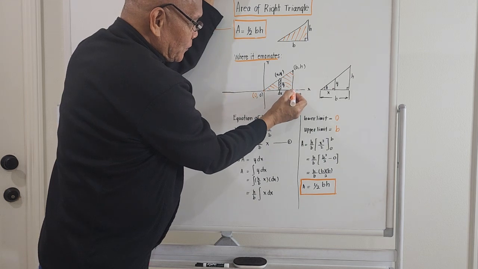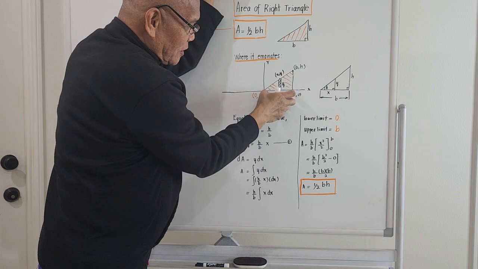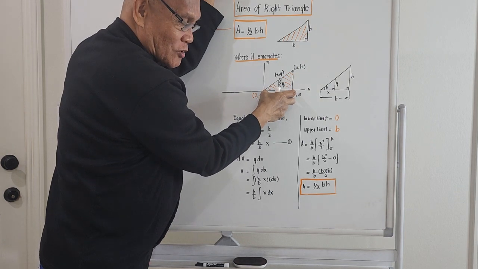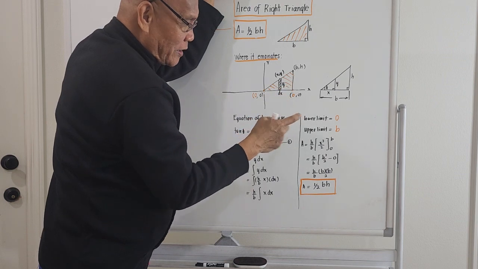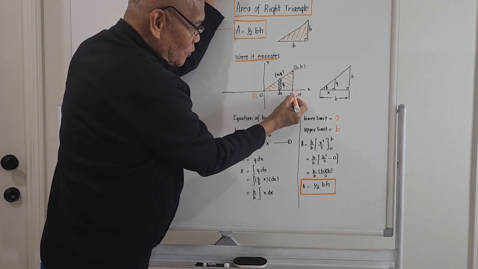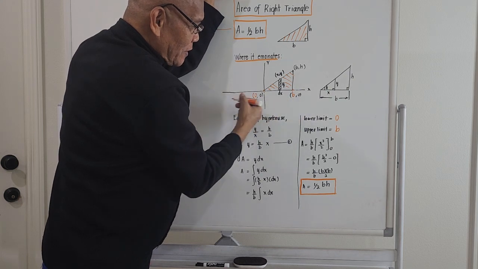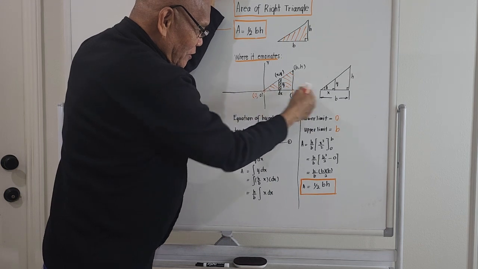This point here should be with the coordinates base and 0. This length here is the length of the base of the right triangle. So the coordinates of this point should be small letter b and 0, meaning the abscissa is b and the ordinate is 0.